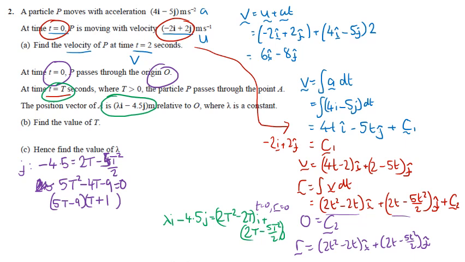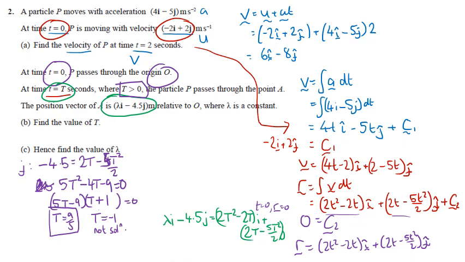Yeah, that works. So T must be equal to 9 over 5. Okay. We've also got T equals minus 1, but we know that T is greater than 0. So that's not a solution. Okay, so it's just this one, T equals 9 over 5.